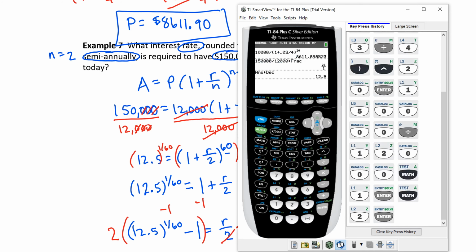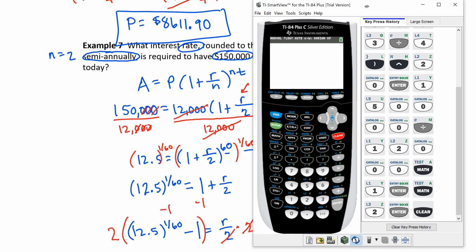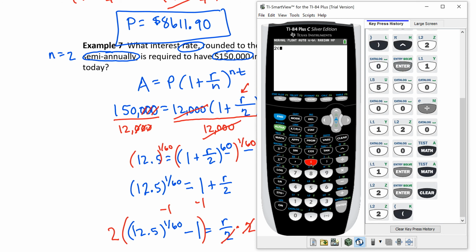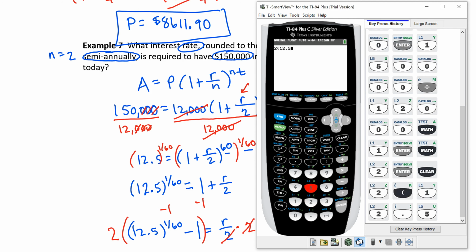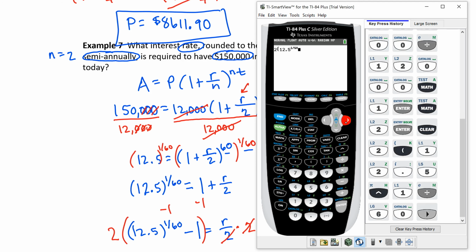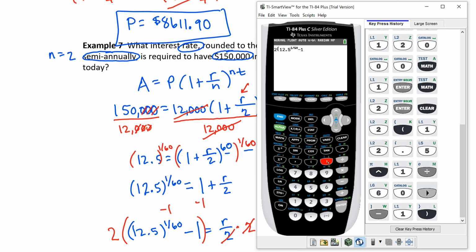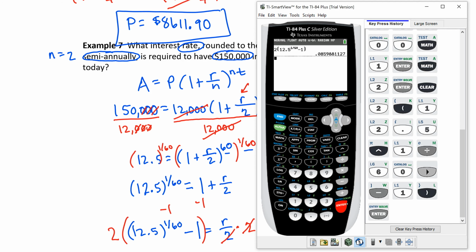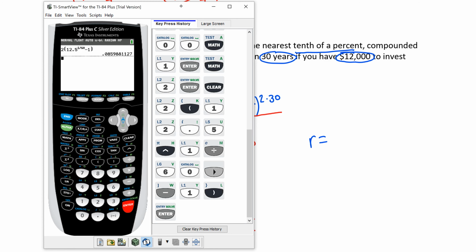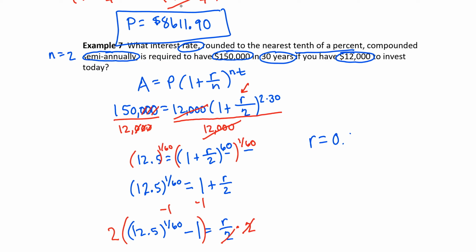Let's grab our calculator and evaluate this. And remember, we can do this all in one step. So we have 2 times 12.5 raised to the 1/60th power minus 1. This will be the decimal form of our interest rate, 0.085988.